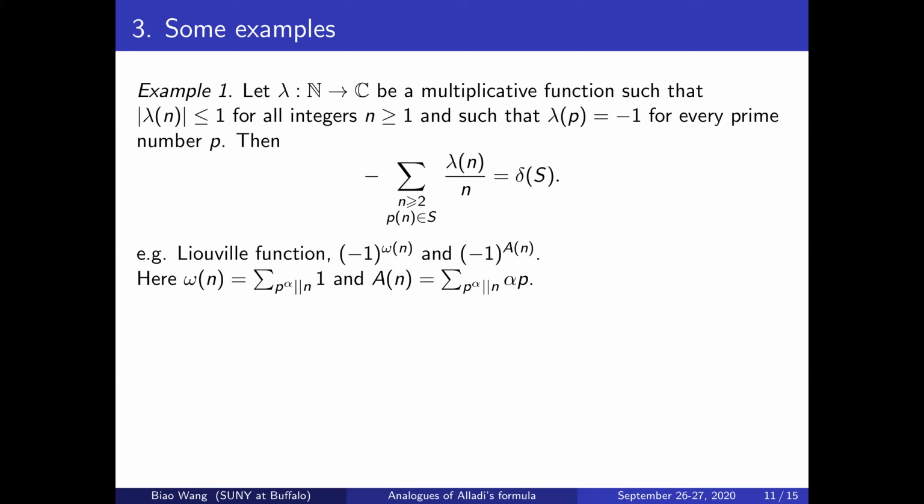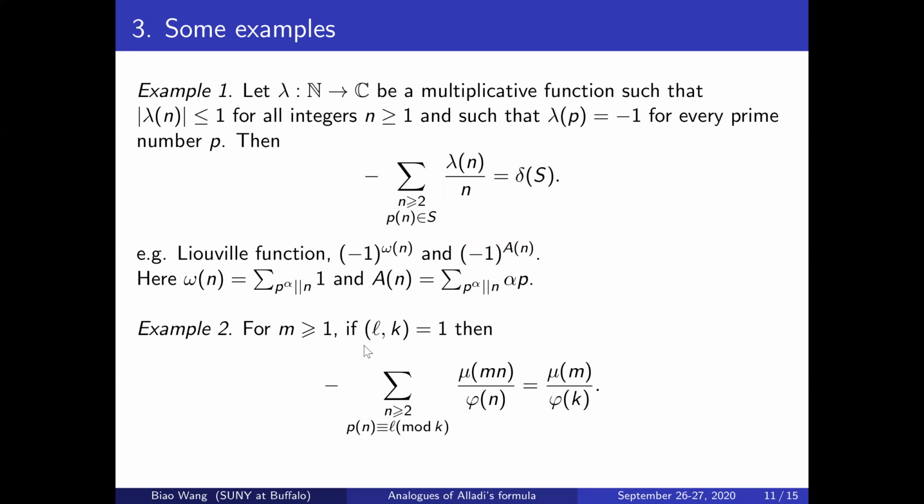Here, omega of n is the number of distinct prime factors of n, and capital A of n is an additive function which was introduced by Alladi and Erdős in 1977. So actually, negative 1 to the A of n is the first example I studied.